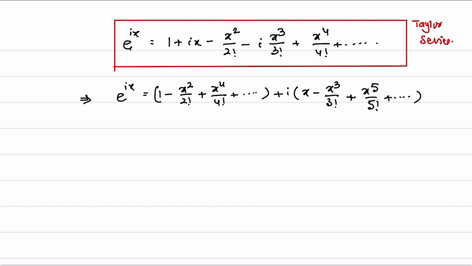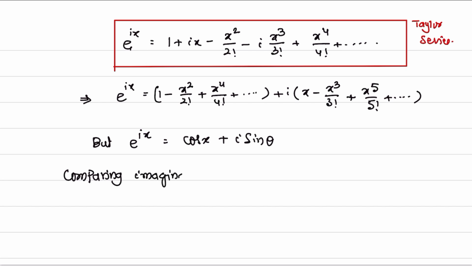But from the basics of complex numbers, which we derived in the last class, e to the power of ix is equal to cos x plus i sin x. Comparing the imaginary and real parts.